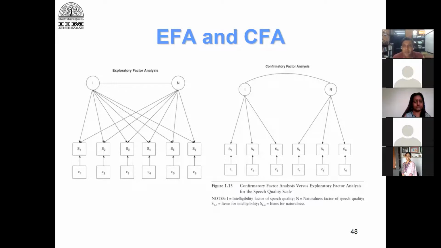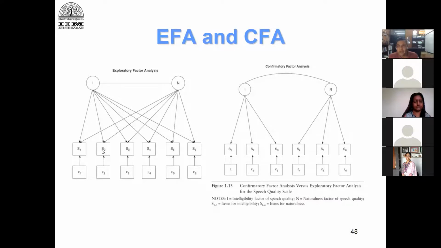If the loading of S1 on I is higher, I will believe that S1 is an item representing I. If S1's loading on N is high, I will believe that S1 is an item that belongs to N, or that is caused by N, right?